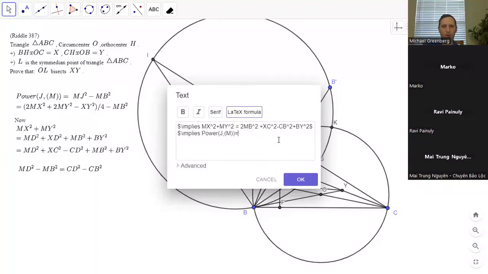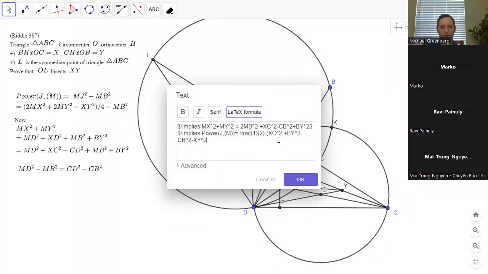We would get basically half of XC squared plus BY squared minus CB squared, and then minus XY squared.